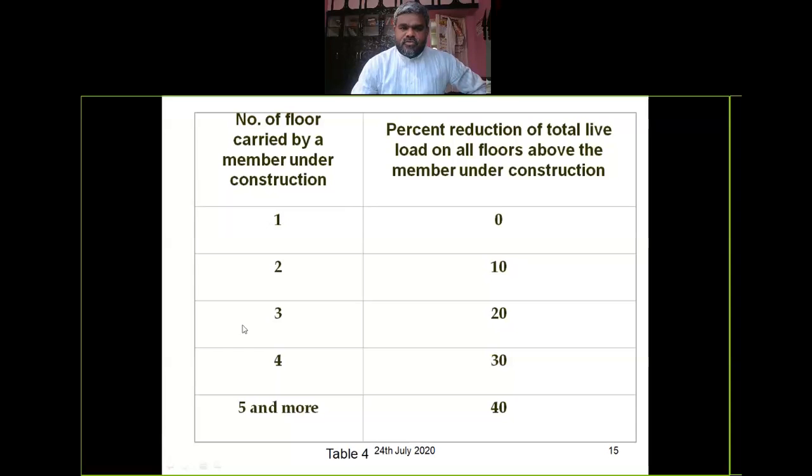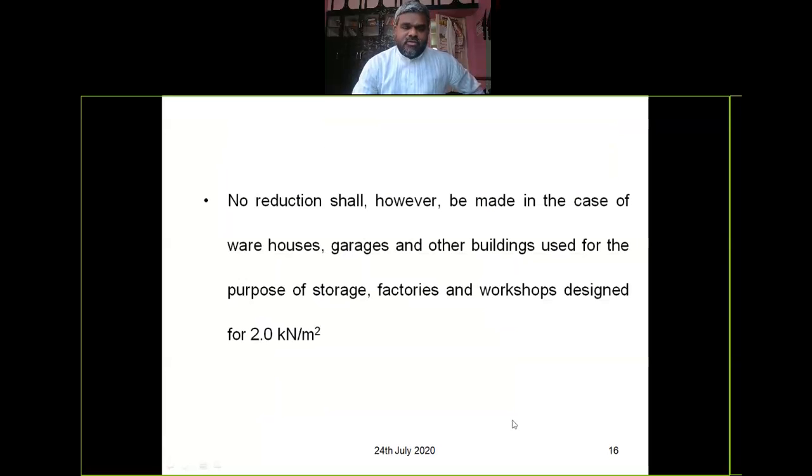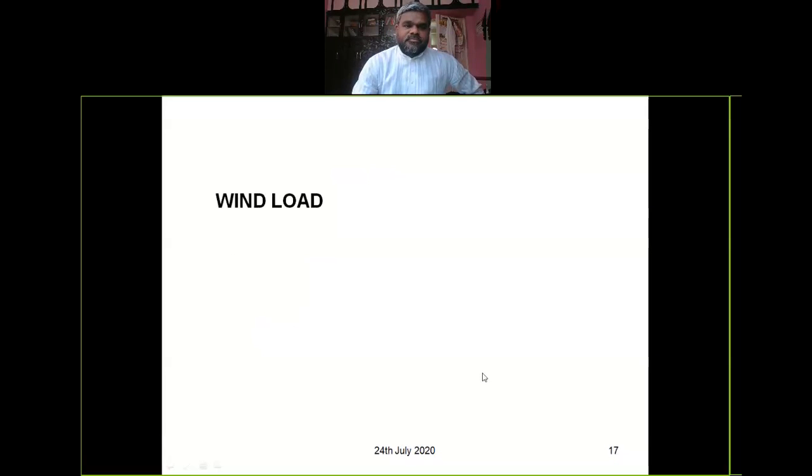For 3 floors, 20; fourth floor, 30; 5 and more floors, 40% reduction in total live load can be allowed. No reduction shall however be made in the case of warehouses, garages, other than buildings used for purpose of storages, and factories, even though they are constructed for higher floors, right?